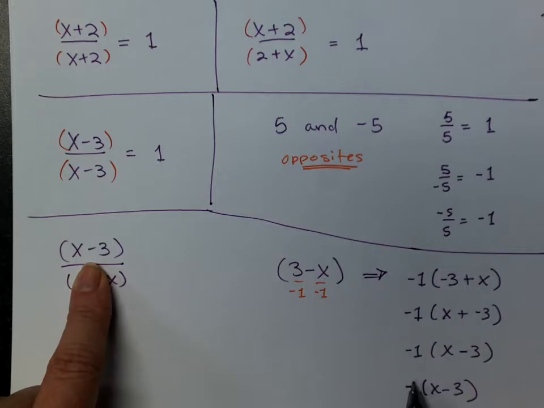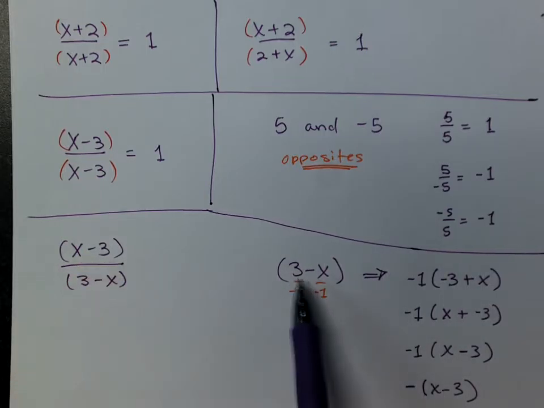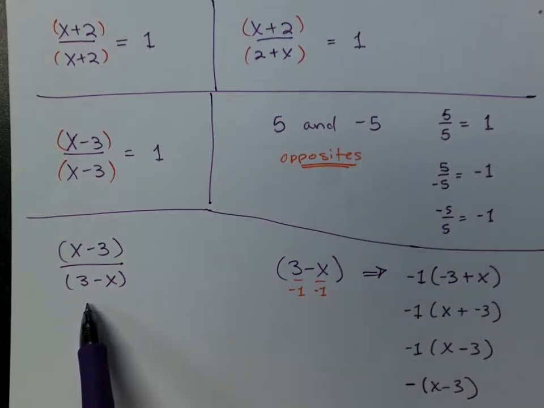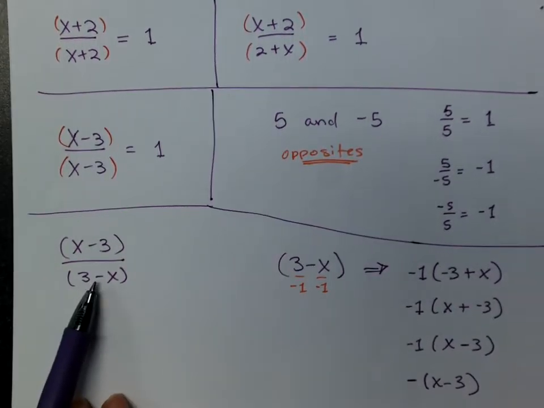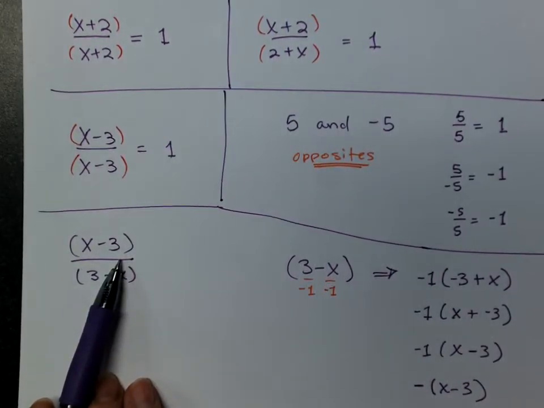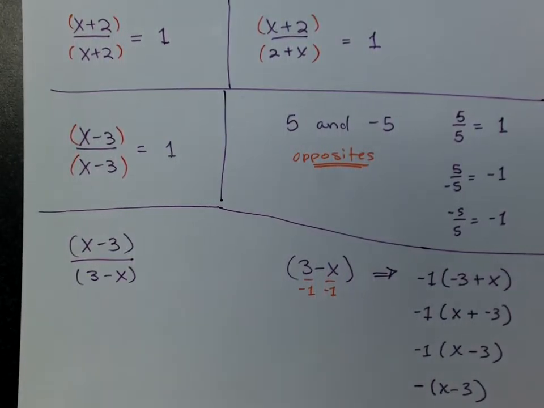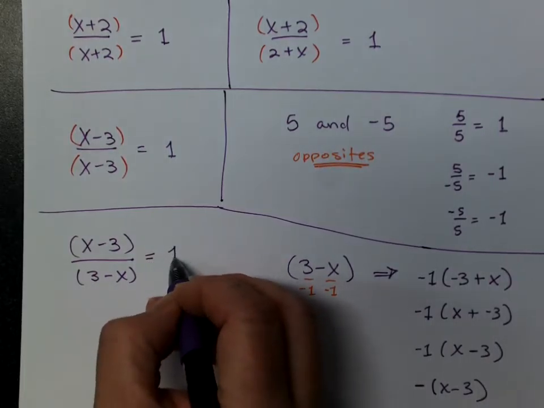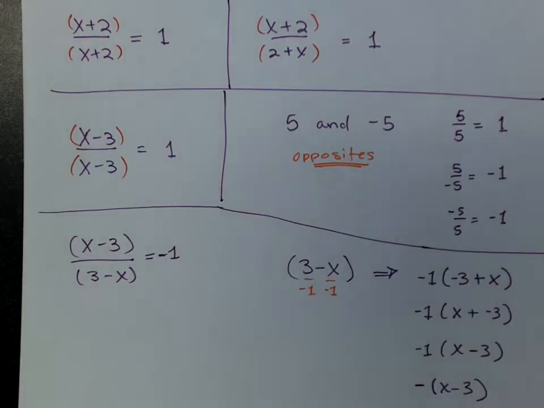But if I distribute that negative again, I get negative x plus 3, and negative x plus 3 is 3 minus x. Okay? These are not conjugates. Conjugates is a plus b, a minus b. These are what's called opposites. They're both subtraction. It's just the order is flipped. Okay? And opposites cancel out to negative 1.